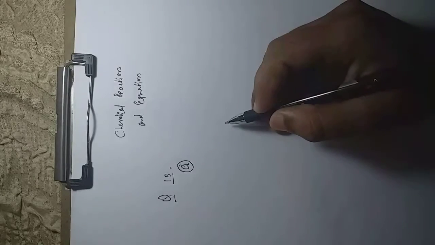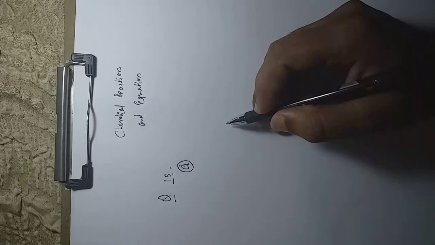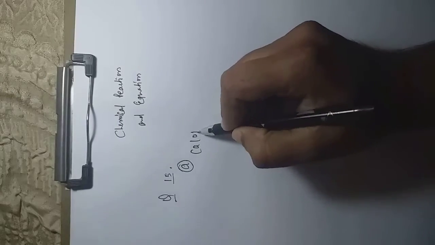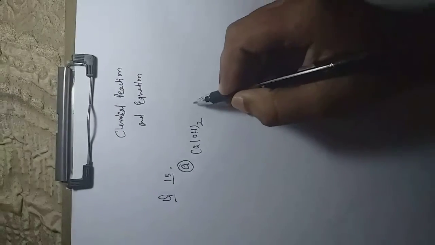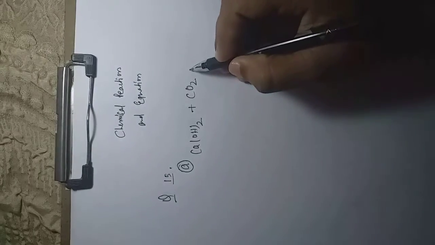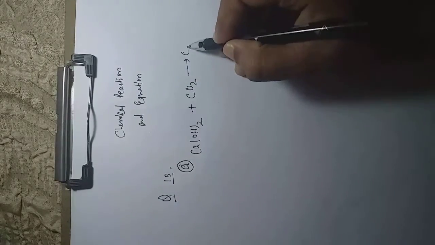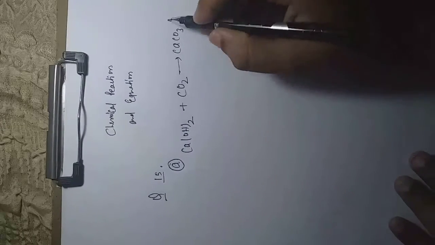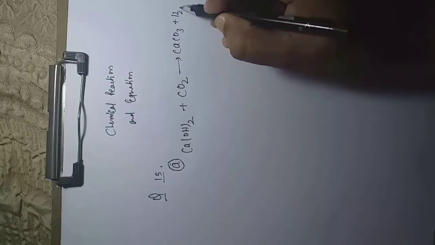Calcium hydroxide plus carbon dioxide gives calcium carbonate plus water. This is written in words, and you have to keep in mind that whenever it is written in words, for balancing a chemical reaction the first step is to write the formulas of the respective compounds. Like calcium hydroxide, Ca(OH)2, which we discussed already in the chapter, plus carbon dioxide, CO2, it gives calcium carbonate, CaCO3, plus water, H2O.